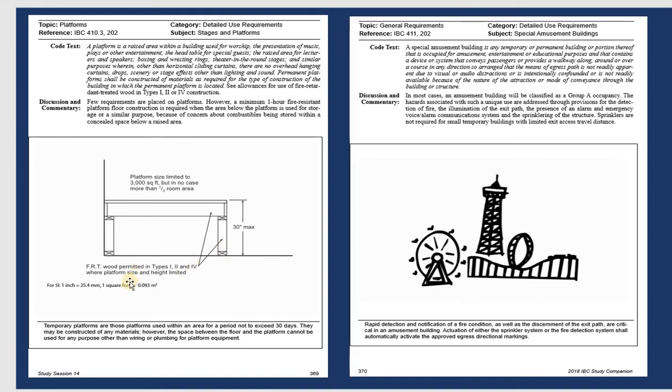And after that, the structure, they need the fire rate, wood permit in Type 2 and 3, 1 to 5, where the platform size is height limit. So the platform limit is 3,000 square feet, but in no case more than 1/3 of the room area. So its maximum is 3,000 square feet, and it cannot be more than 1/3 of the room area.